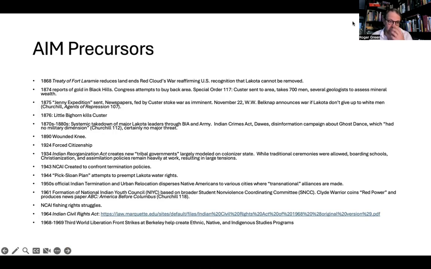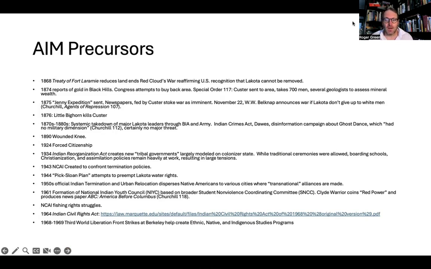Then we see the 1890 Wounded Knee Massacre, the 1924 Citizenship Act, the 1934 Indian Reorganization Act, which creates new tribal governments largely modeled on the colonizer state. So, in some ways, while it improves some relations for some Native groups, it also takes traditional modes of leadership and reorganizes them with models that look like the colonizer state.